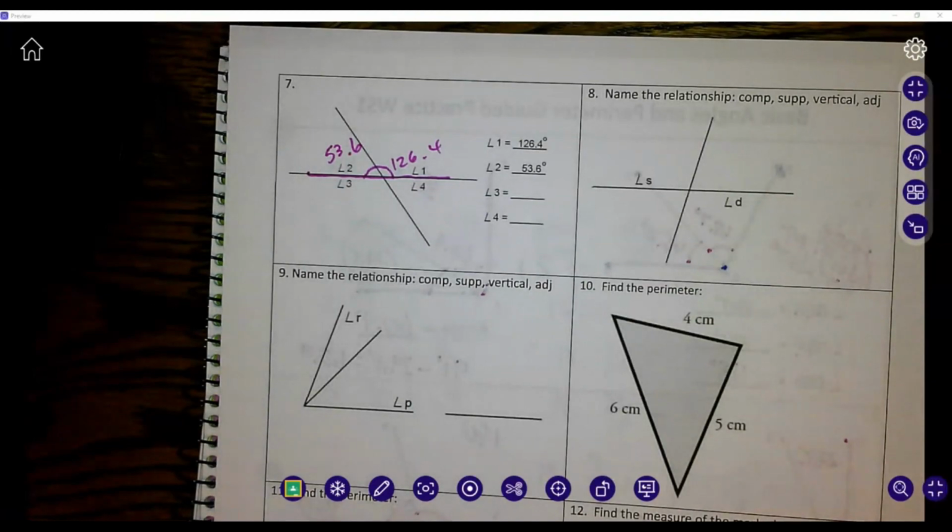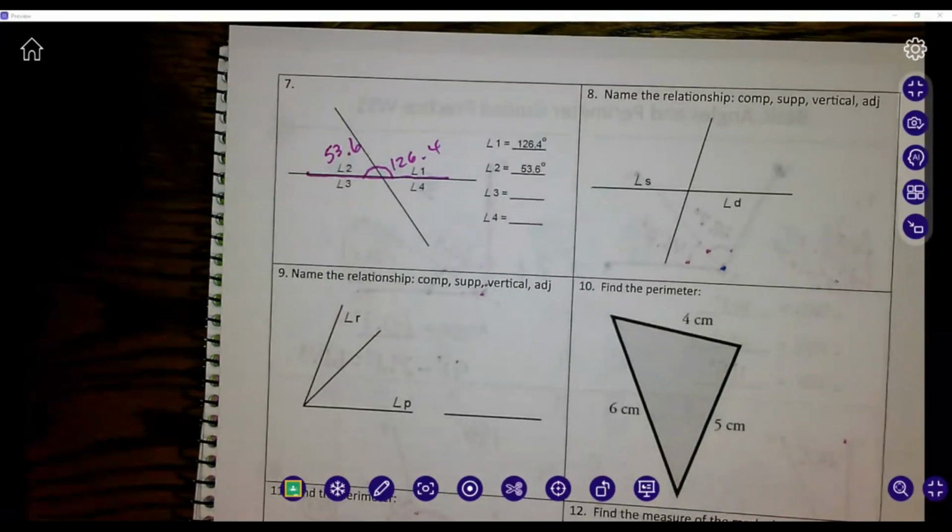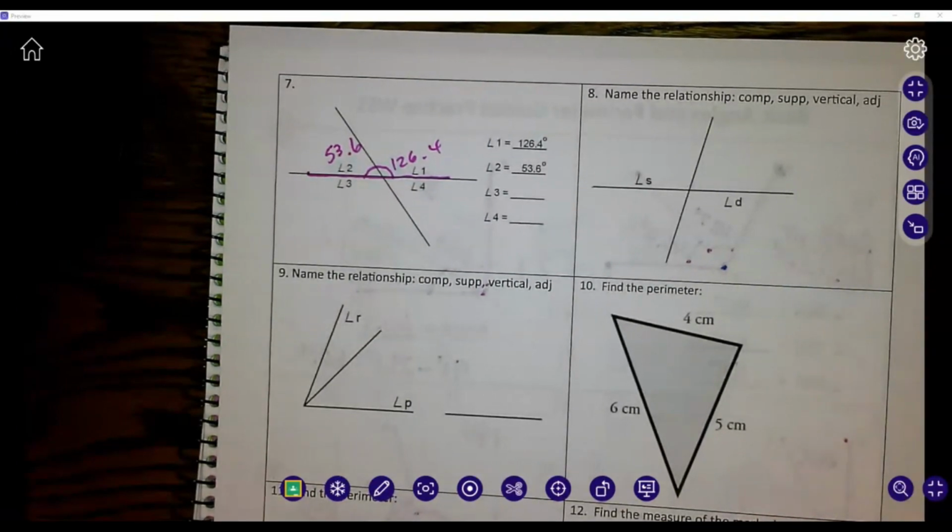On your keyboard, next to the M and next to the question mark, your shift key will give you greater than, less than, but you can use the less than symbol as an angle mark. So again, I'm asking, what is the measure of angle 3 and what is the measure of angle 4?